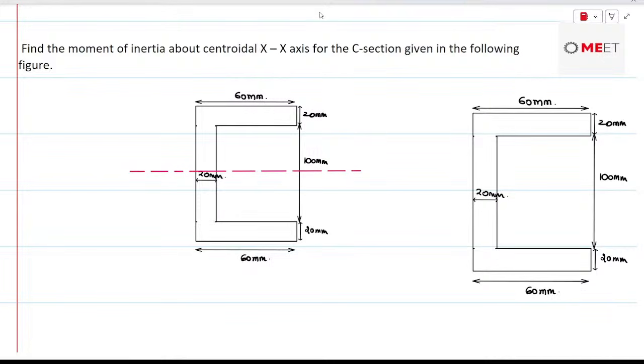The dimension that is perpendicular to the x-axis should be raised with the power of 3. So there are three rectangles: this is rectangle number 1, rectangle number 2, and rectangle number 3.